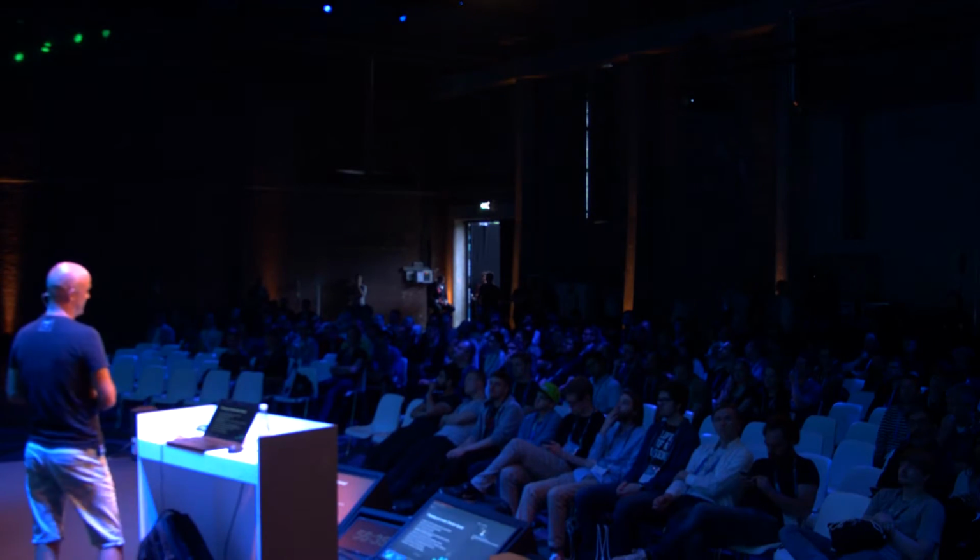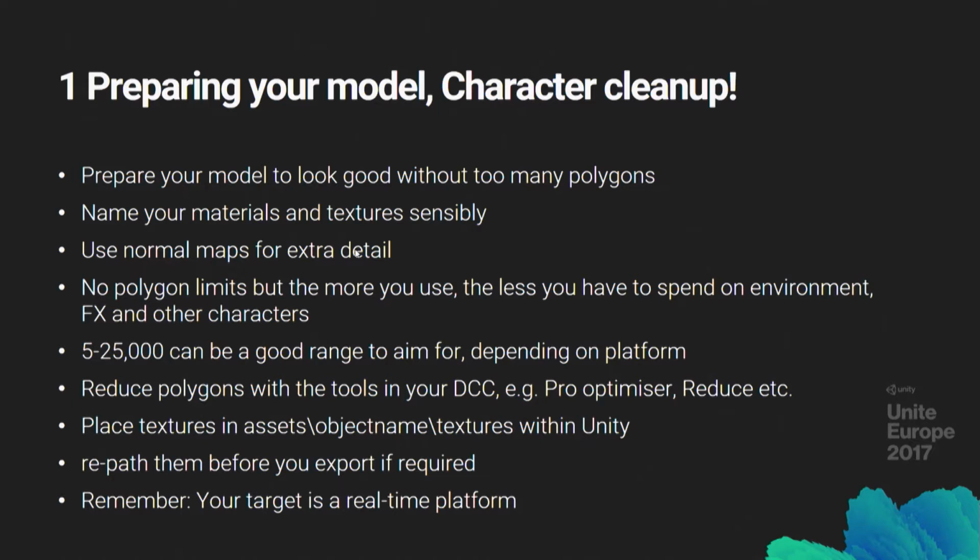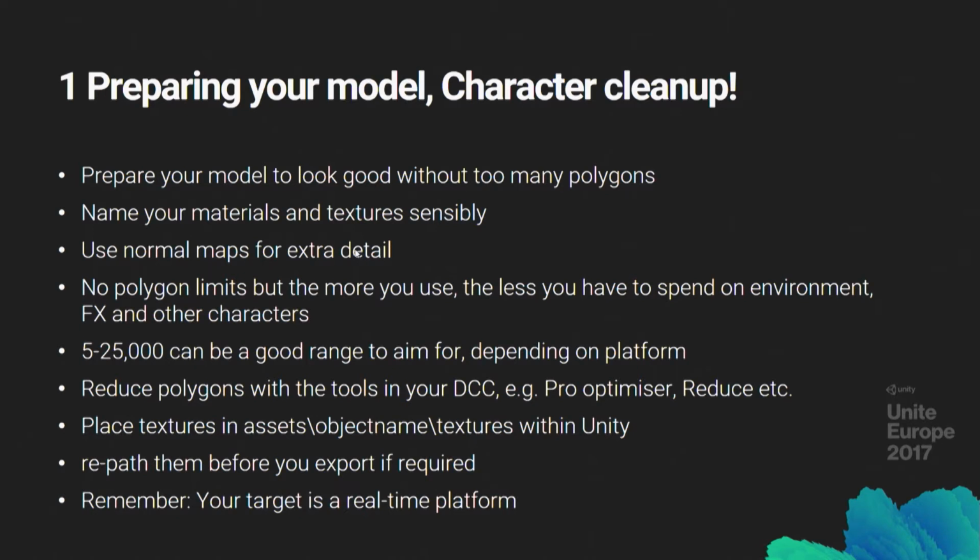In that sense, it's quite good to think about using normal maps so you can add the extra detail that you don't have to retain in the polygon mesh. So prepare your model to look good without using too many polygons. Name your materials and textures sensibly. I'm going to switch over to Maya in a second, which is one of the examples I'm using to show character generation outside of Unity before you get to importing. And use, obviously, normal maps for extra detail where you can.